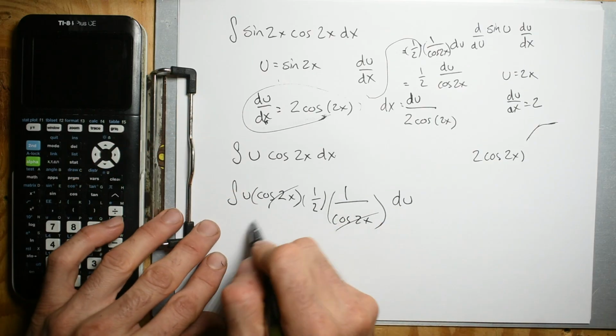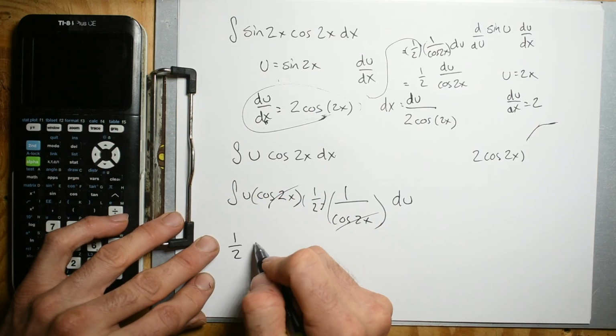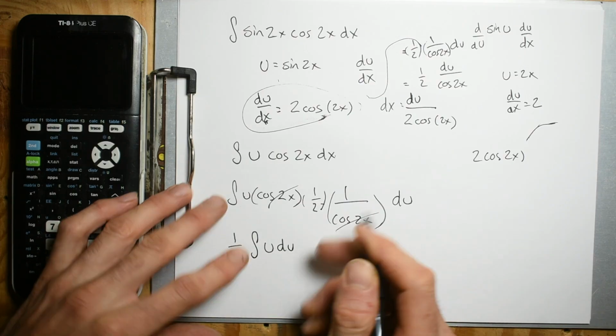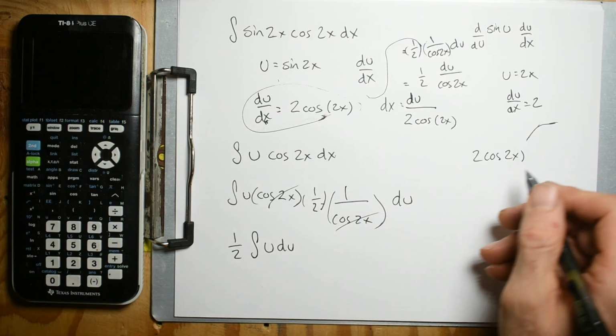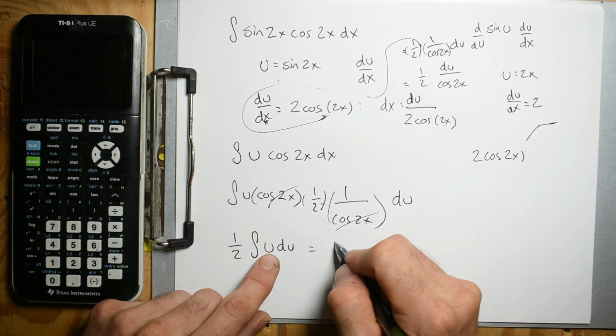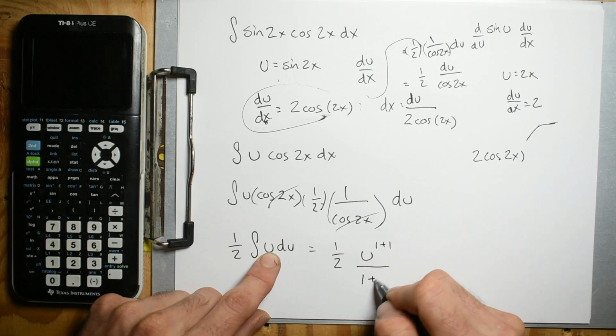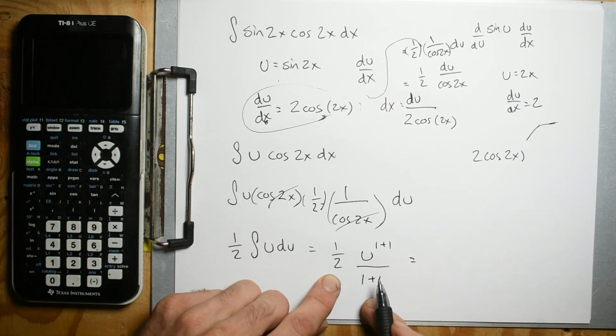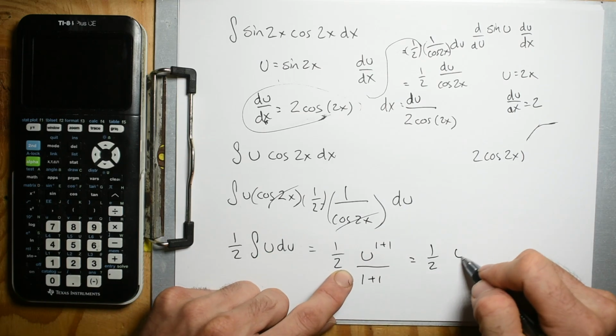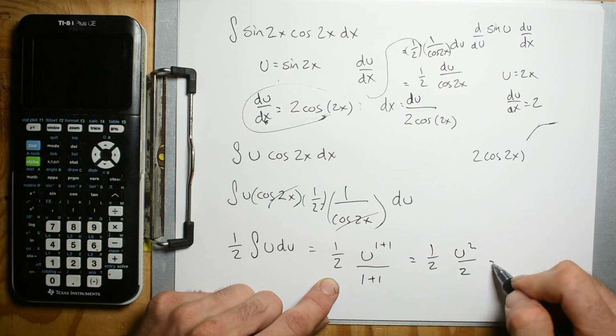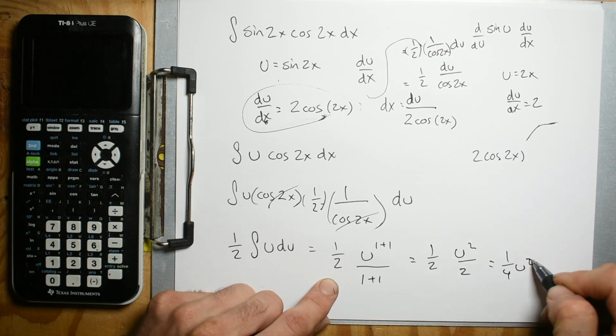Those cancel. Let's break out the constant, 1/2, and then we have u du. Hey, I can do this. Power rule, integration. Keep this. The u goes to a 1 plus 1 divided by 1 plus 1. So that's going to be a 1/2, and this is u squared divided by 2. It's going to be 1/4 u squared.